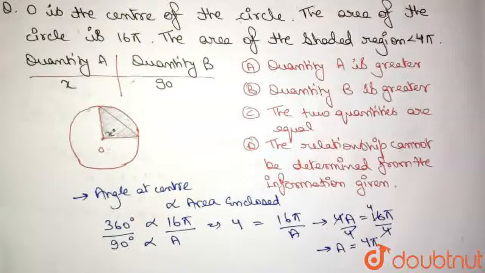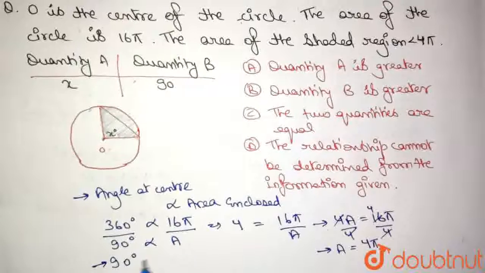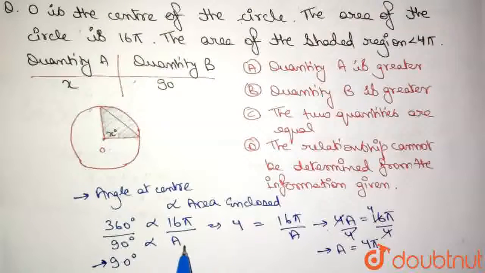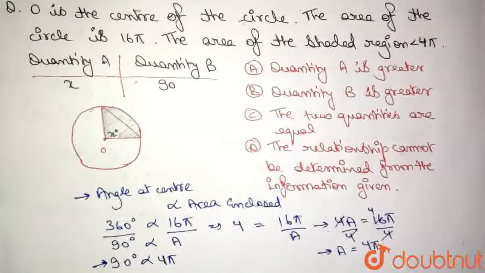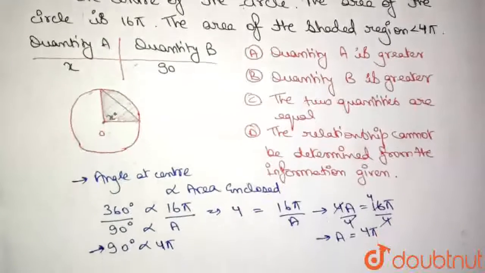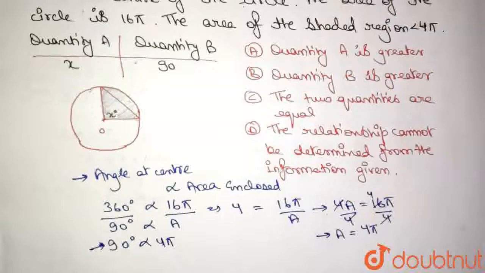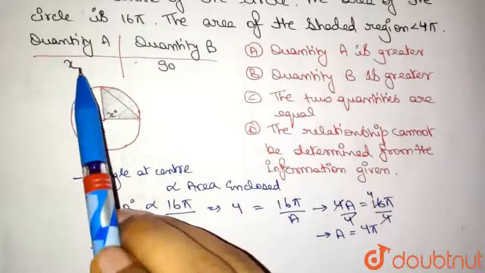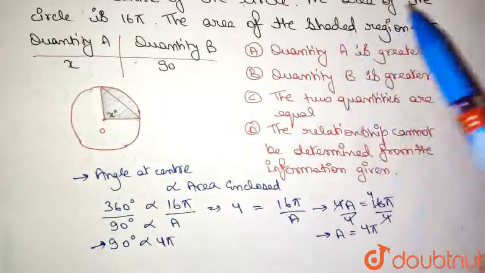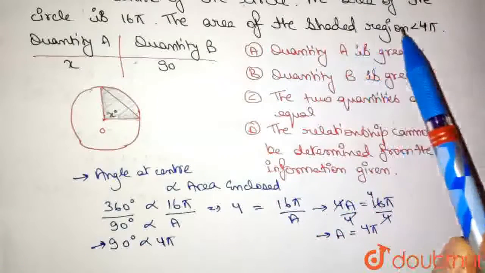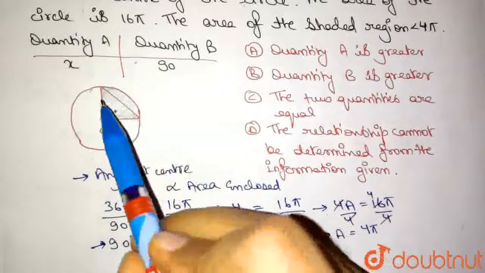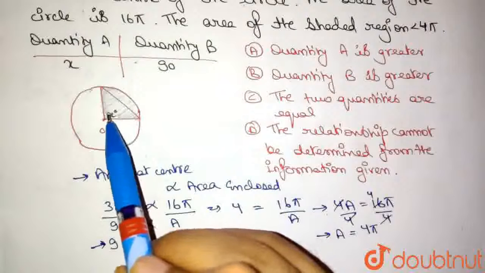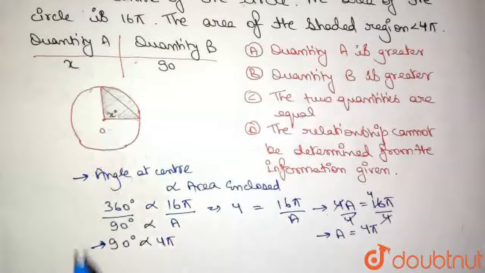That is it. Or I can say that 90 degrees that we said is proportional to a was actually proportional to 4 pi. But in the question we actually have that x, right? We have to find the value of x, but the condition is given that the area of the shaded region is less than 4 pi. So this is the shaded region which has a corresponding central angle of x degrees, but that is less than 4 pi.